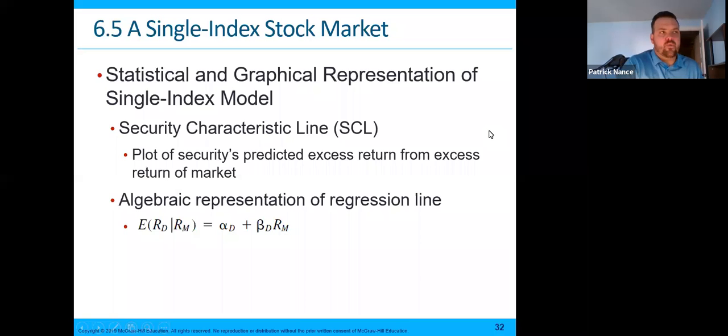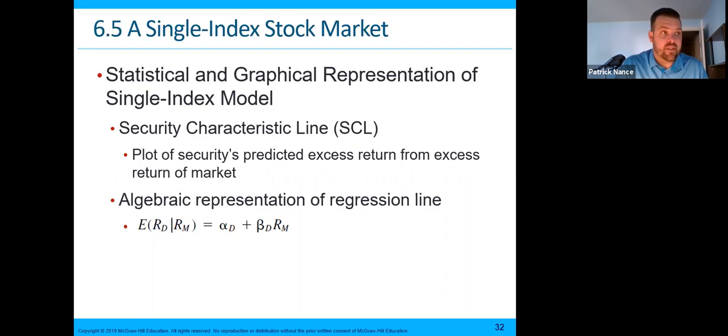The statistical and graphical representation of a single index model. We're talking about how we represent, using indexes as one of our market concepts that we can figure a beta or an alpha off of. And we can graphically represent this.